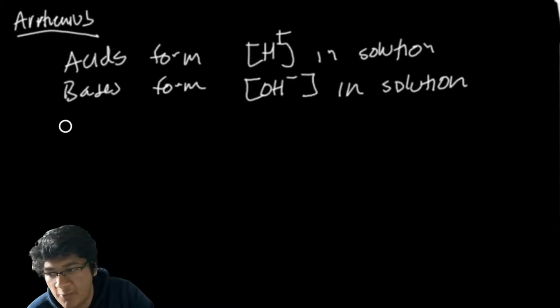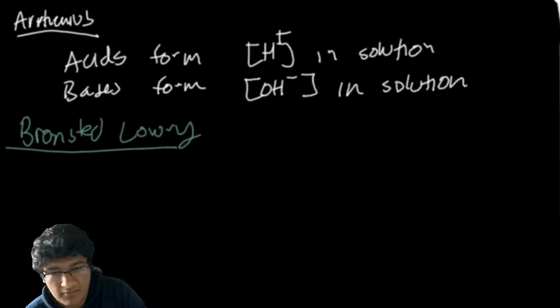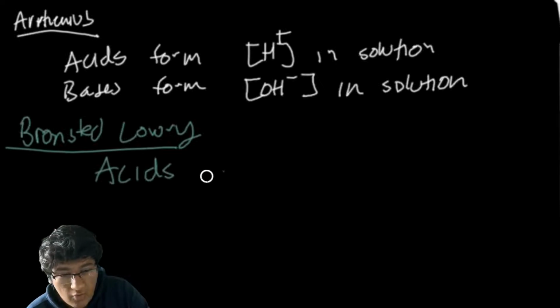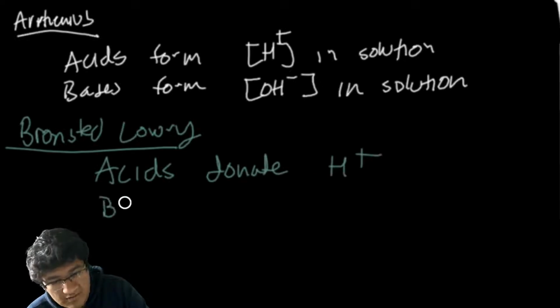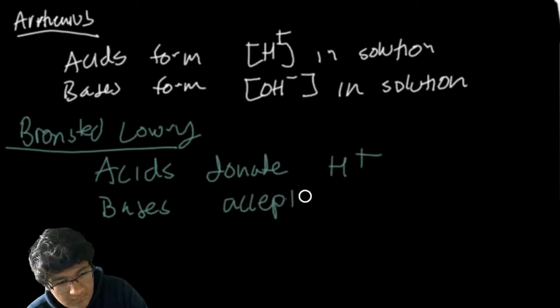Then we have Bronsted-Lowry, and keep in mind, don't get these mixed up. I've gotten them mixed up before. It's really common for people to mix them up because they sound very similar and have the same underlying idea. Bronsted-Lowry says that acids donate H+, while bases accept H+.